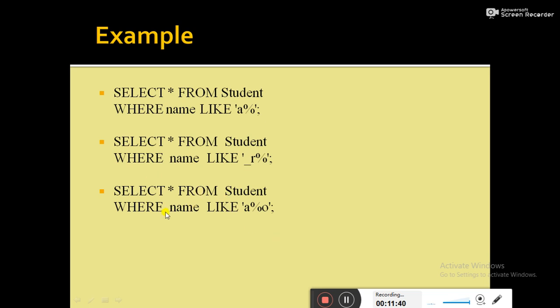Select from student where name like A percentage O. As the first character is A, the expression should start with A. As the last character is O, the expression should end with O, and in between A and O there may be 0 characters or many characters. How to represent it? With the percentage sign.